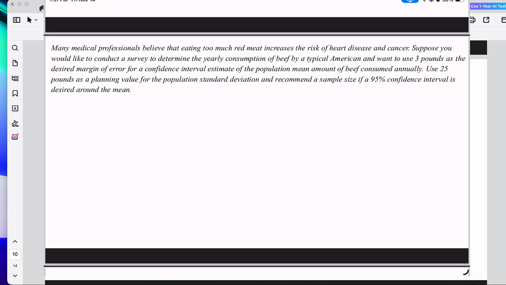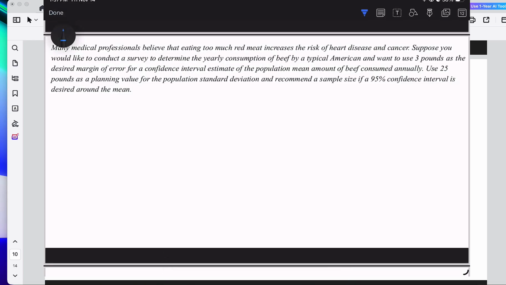Suppose we want to do a survey to gauge the meat consumption of Americans. And we want a confidence interval which is plus or minus 3 pounds of our population mean. So the margin of error is plus or minus 3.